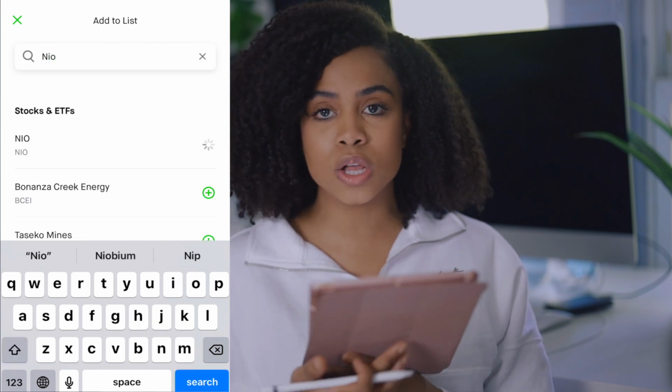So if I want to add all stocks in that sector, it doesn't really have to be a method to the madness. It could just be stocks that you're interested in, and you could create that list. And when you scroll down with this icon, you could see the different lists that you have available. Creating lists is a great way to inform yourself about different companies, what's going on with them without actually having to buy them.